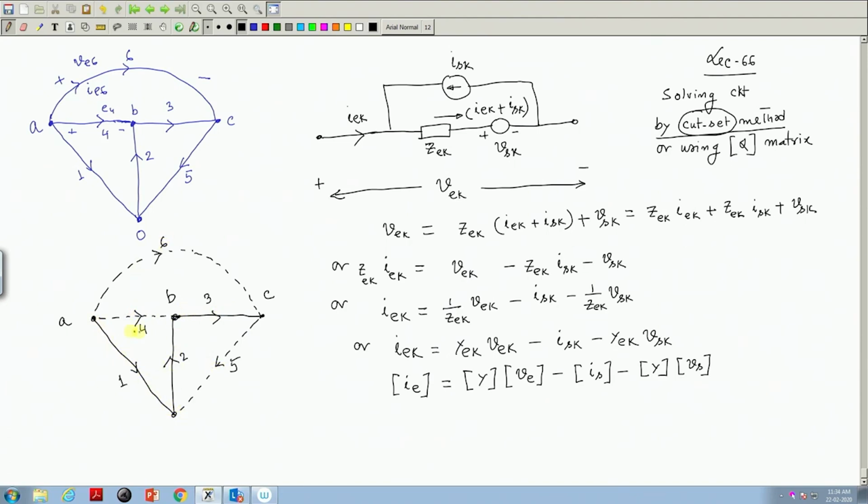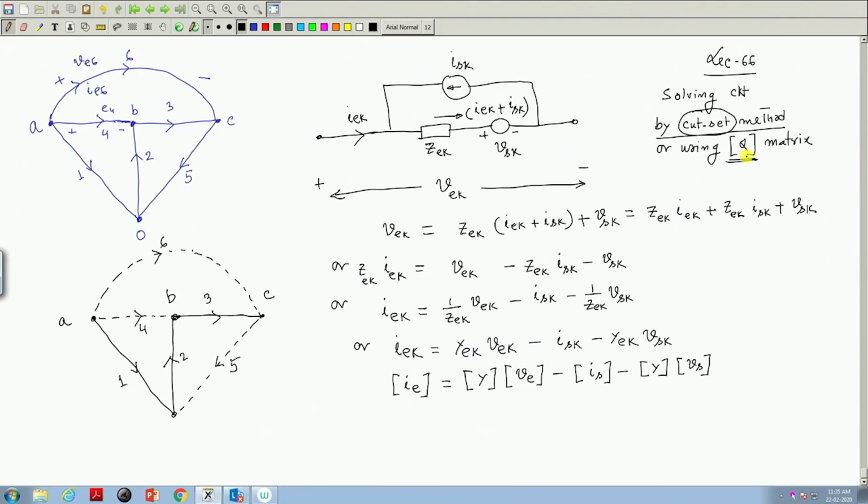If these twig voltages, that is the voltages across 1, 2 and 3, are known, you can find all other element voltages. And if you know element voltages, you know node voltages and so on. How to form the Q matrix I am not discussing; once you draw the tree, you know about the Q matrix.